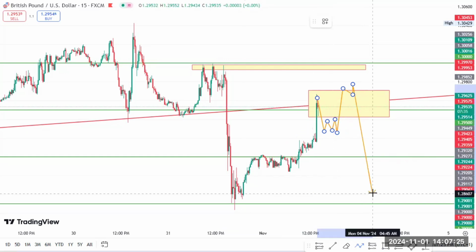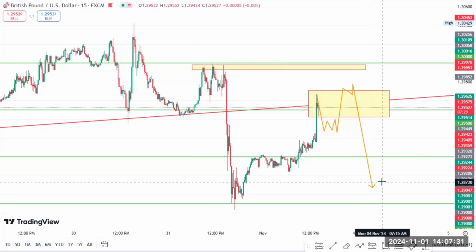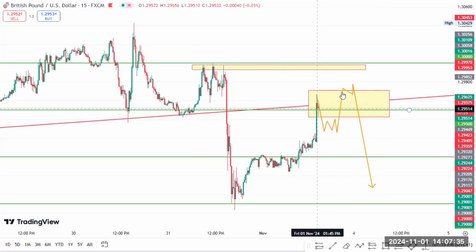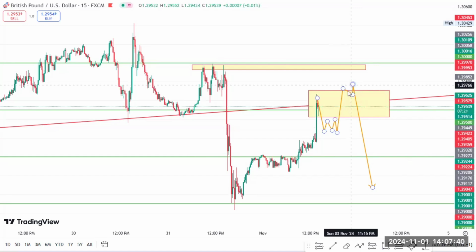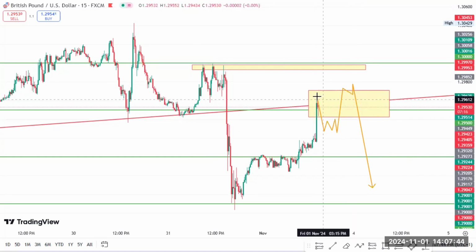So I will put my take profit to be here. That is what I'm thinking this market is going to do. But whether it comes down before retracing and forming those reversal candlestick patterns somewhere here, if it doesn't, even if it forms that reversal candlestick pattern here, I will go in for a sell.